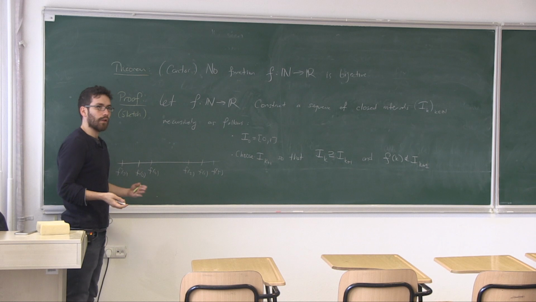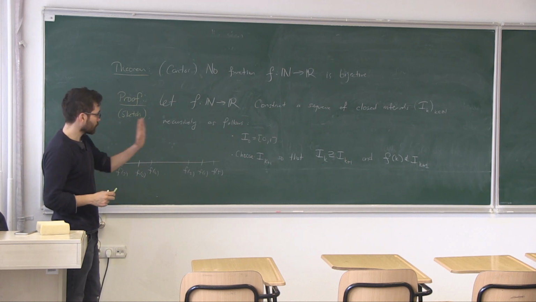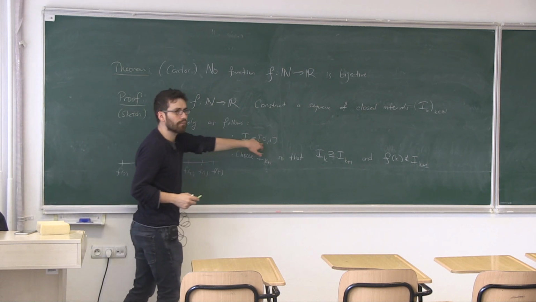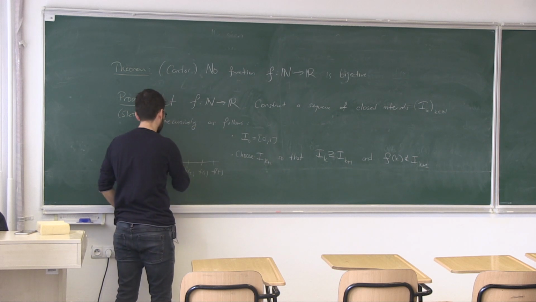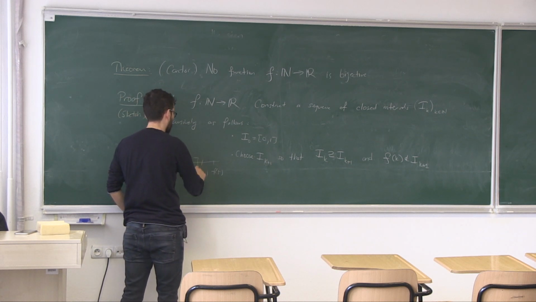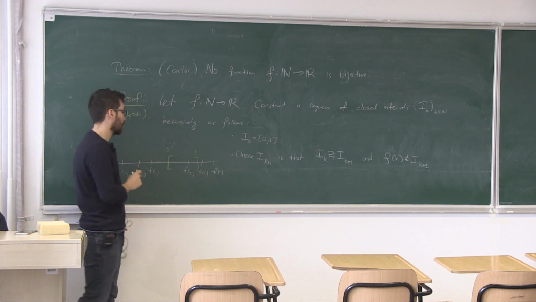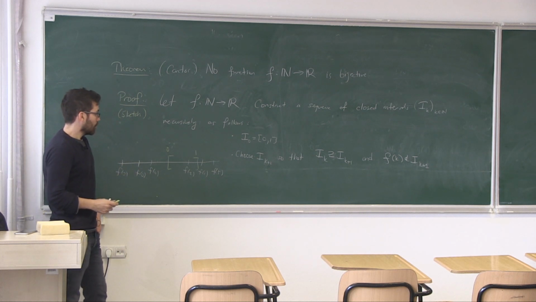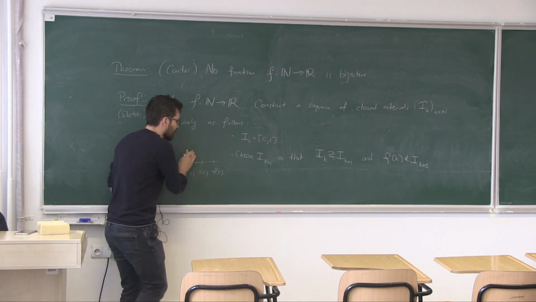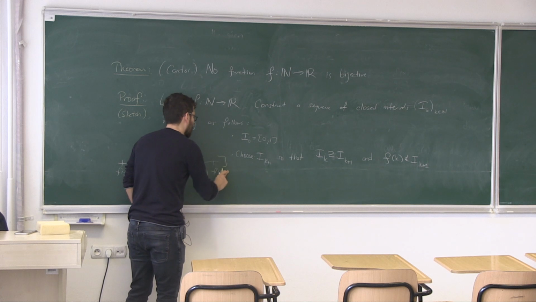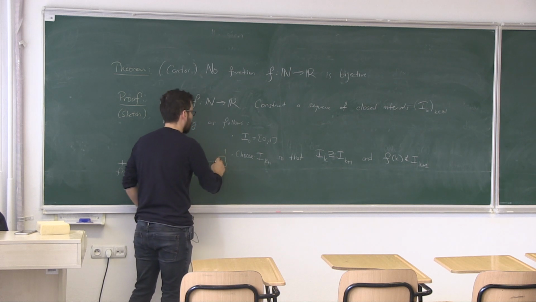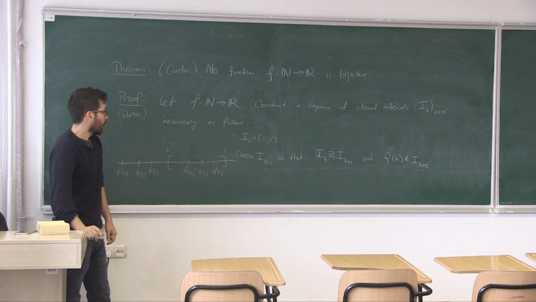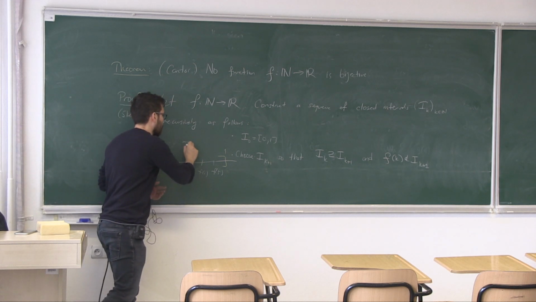I'm just going to choose one arbitrary interval at the beginning, 0, 1. Let's make sure that 0, 1 contains all of this. This is my first interval, I0.